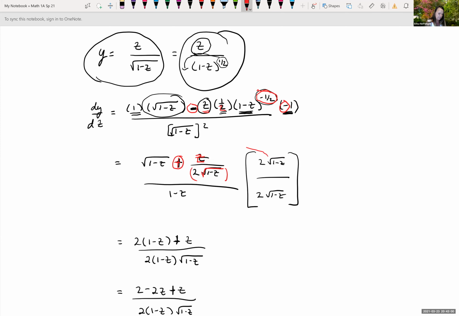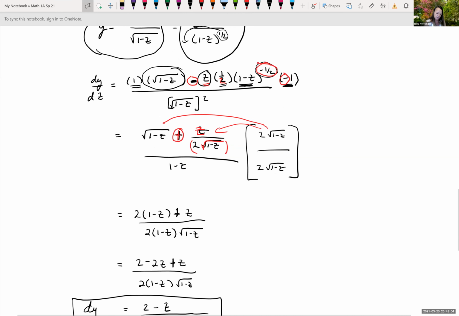And so if you distribute, that's going to clear our complex fraction, and we'll be left with 2 times a whole quantity. Well, square root of 1 minus z times square root of 1 minus z gets rid of this radical, leaving us with just 1 minus z, plus, well, our fraction goes away, just leaving us with z there, all over our denominator.